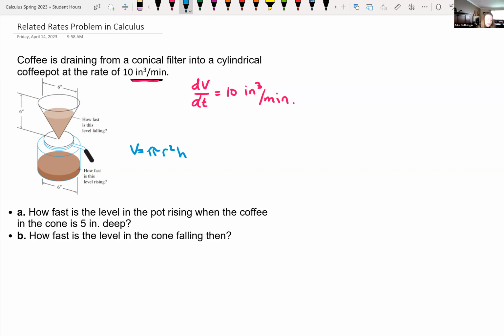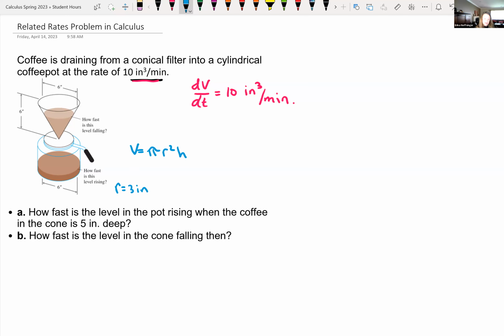Now r is my radius. I'm given that the diameter of the base, which is the same in that pot, is 6 inches. If my diameter is 6 inches, my radius is half of that, so my radius is 3 inches.